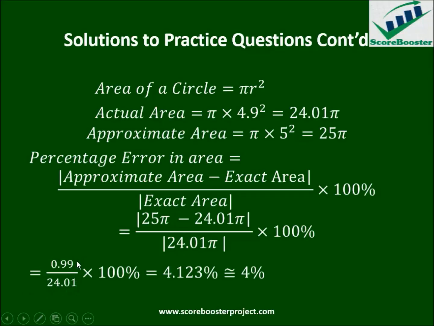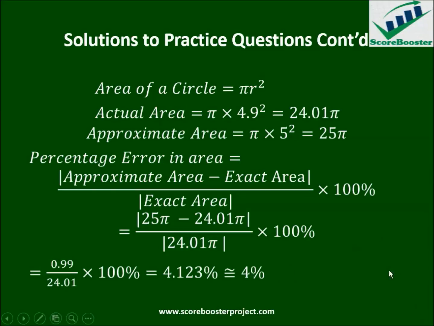The pi will cancel out in both the numerator and the denominator. When you solve this using your calculator, you arrive at 4.123%, which is approximately 4%. This question can also be attempted by applying the concept of calculus.